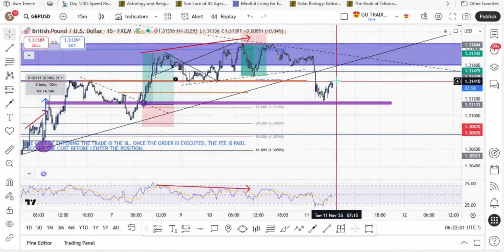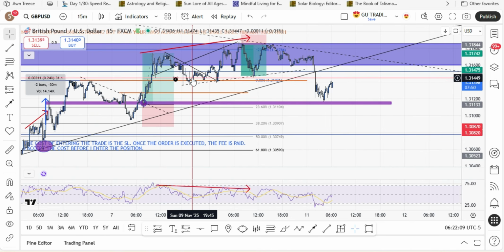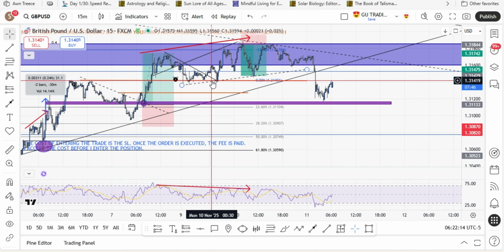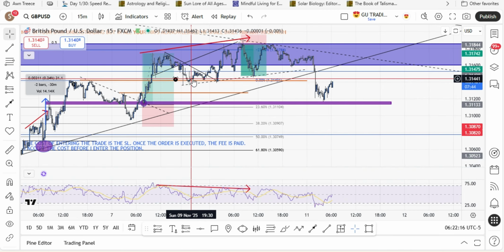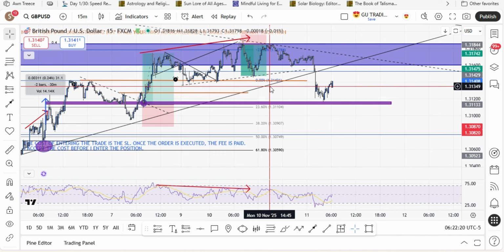But right now, I'll put this right here. Resistance, tested, retested as support. All of these could have been potential entries for buys.